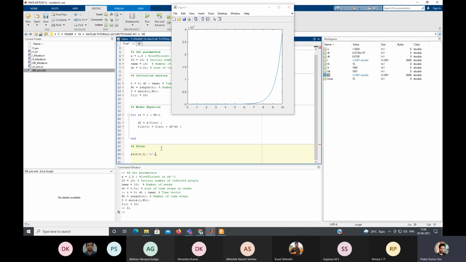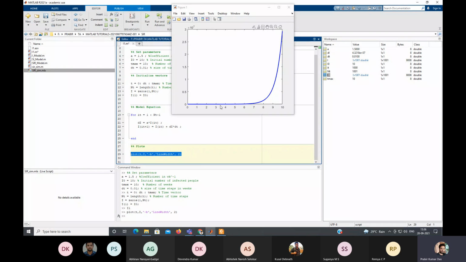Then the line width we will take as 2. Let's check.